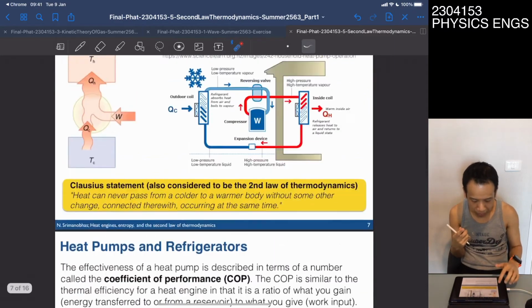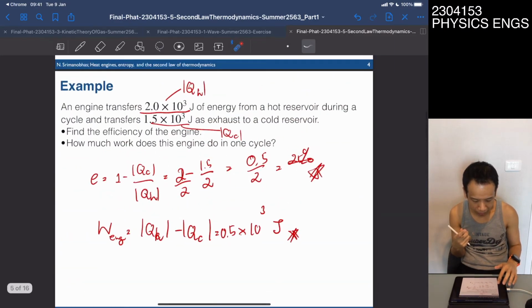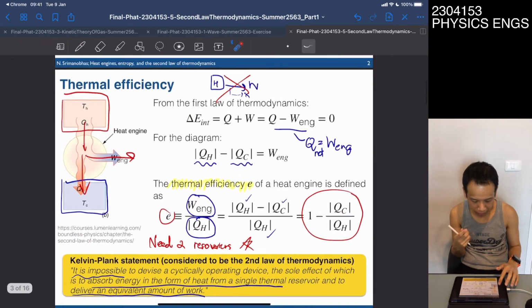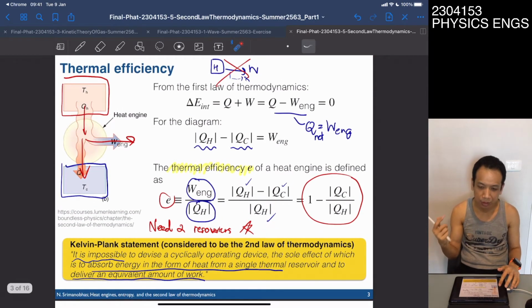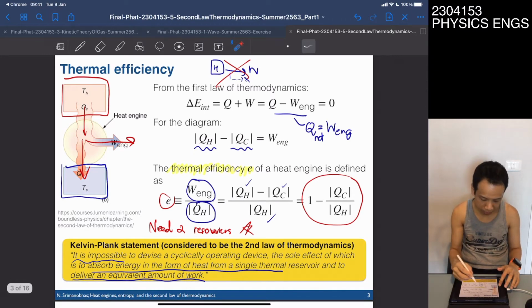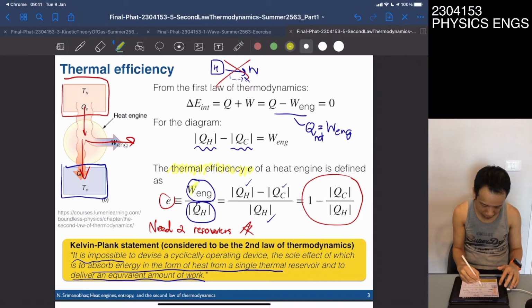It's a little different because when you're talking about the thermal efficiency, what you get is the work, right? What you put in is the heat.